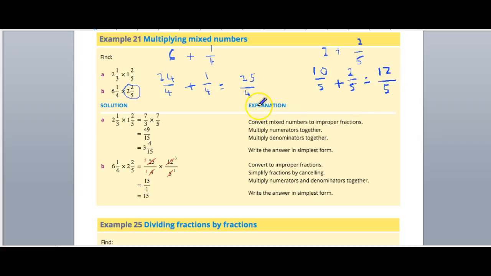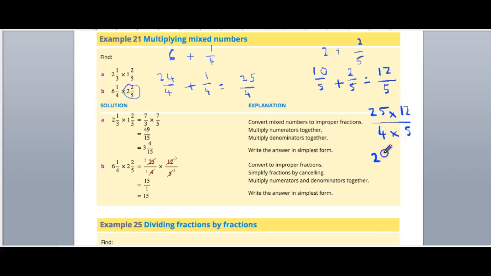Okay, so we have 25 on 4 times, I might write that here, 25 times 12, and then 4 times 5 on the bottom. Now, the cancelling is done with the 12 and the 4 and the 25 and the 5.